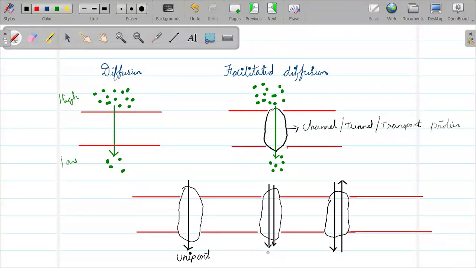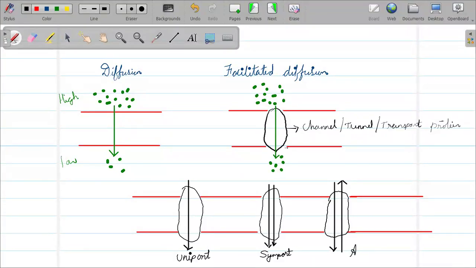If the molecules go through simultaneously, maybe input or output, but only in the same direction, it is called the symport mechanism. But if they go simultaneously in both directions, the aquaporins or transport proteins can carry the molecules in both directions, both input and output, or inflow and outflow.